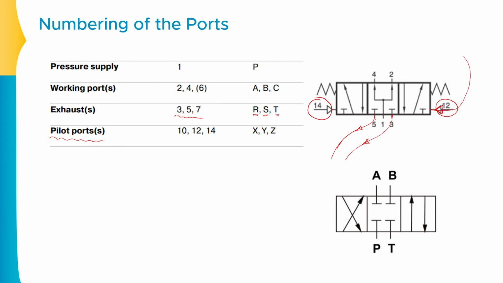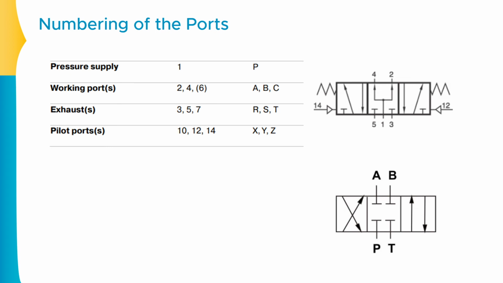This pilot port can be represented like 10, 12, 14, the numbers more than 10 in the even series, or you can alternatively use the alphabets X, Y and Z. So this is how the numbering of the ports is given.